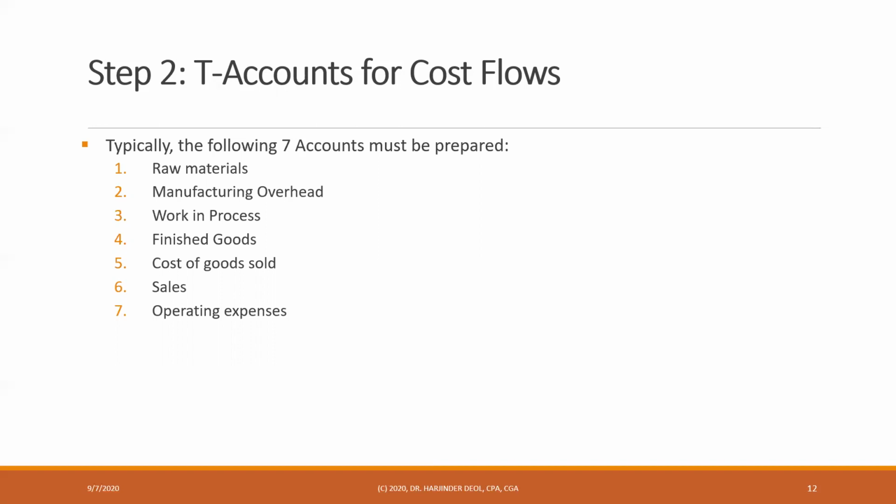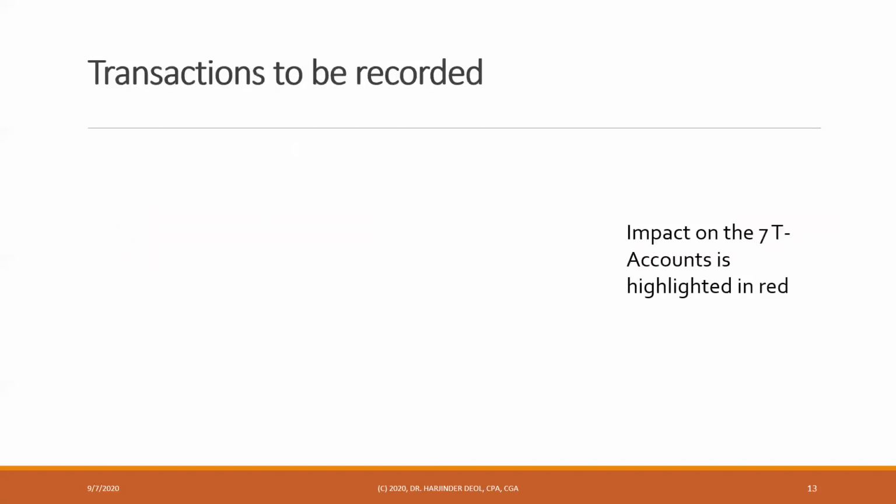In these T accounts, we record the flow of costs. So the transactions that we record, mind you, I'll be showing you journal entries. We will not be recording the journal entries in actual practice. We will rather be posting these journal entries directly into the T account.